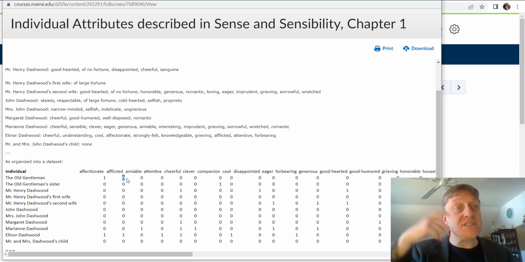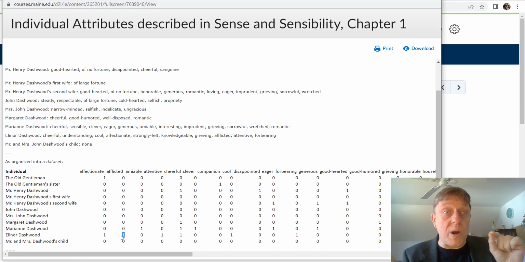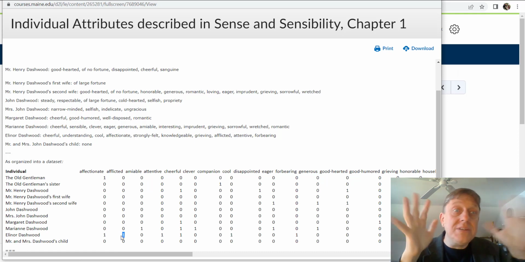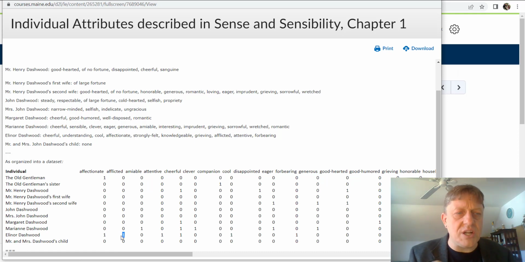If we want to find someone who is described as afflicted, it would be Eleanor Dashwood, right? So anyone who portrays Eleanor Dashwood in any screen or stage adaptation, you're going to have to keep in mind that despite being attentive, cheerful, cool, forbearing, that beneath that forbearance, there lies an affliction nevertheless.